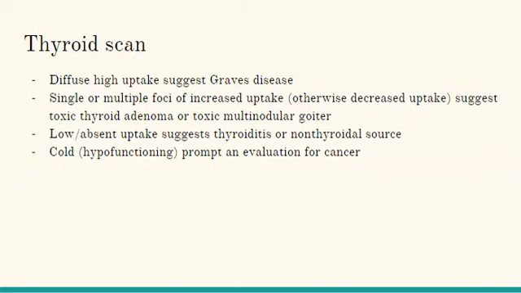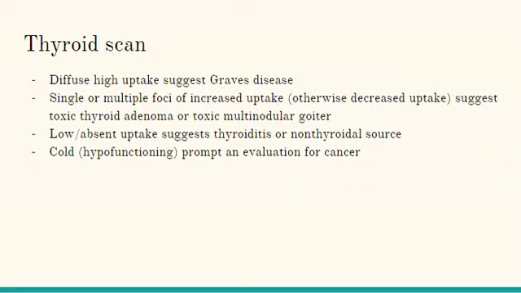So what kind of information can you get from a thyroid scan? If the thyroid scan reveals that the gland diffusely has high uptake of the radioactive iodine, then it would suggest that the patient has Graves' disease. If they have a single or multiple foci of increased uptake, then they could either have a toxic adenoma or a multinodular goiter.